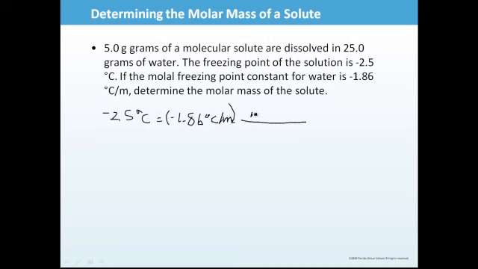On top we have moles of solute. That's what we're solving for, something they did not give us. And then the mass of solvent, the grams of solvent. Well, they gave us 25.